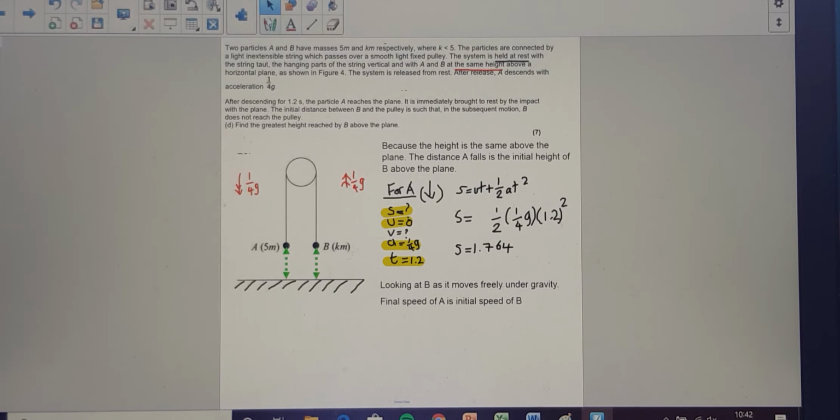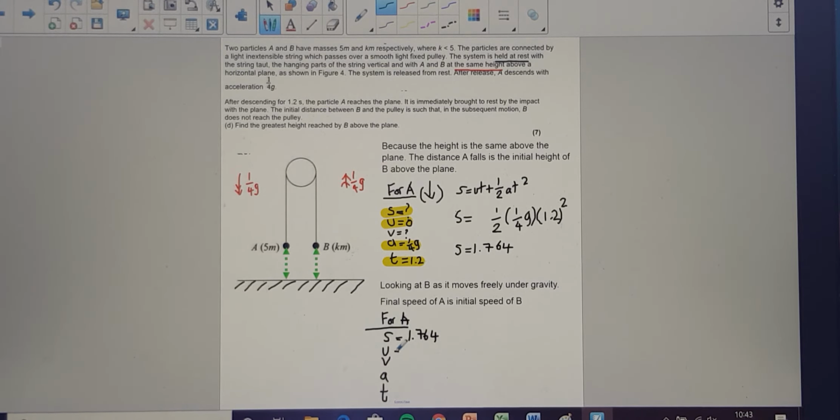So I'll just list my suvat again. I'm still looking at A because I need that final speed. It's the exact same scenario as before. I've worked out that the distance it moves is 1.764.